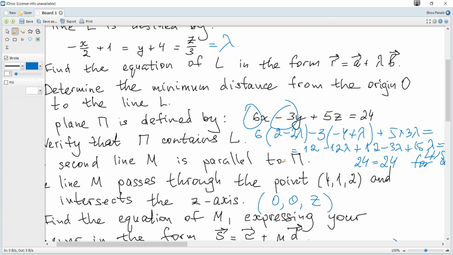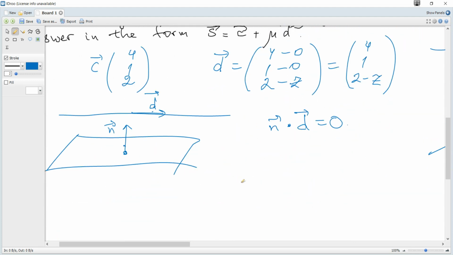It's directly from the vector equation of the plane.